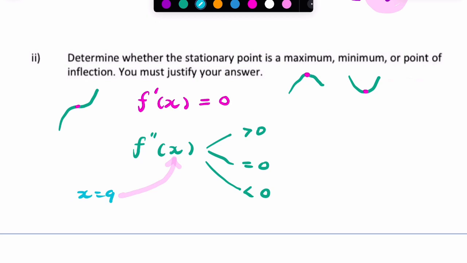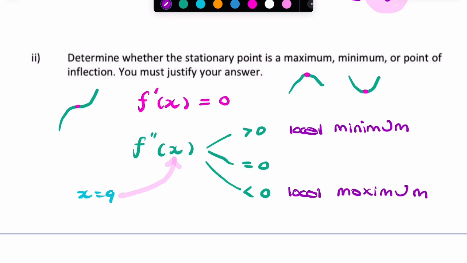Now, if the second derivative is positive, we know that the point was a local minimum. If it was negative, we know the point was a local maximum. And if it was 0, we know it's a point of inflection.